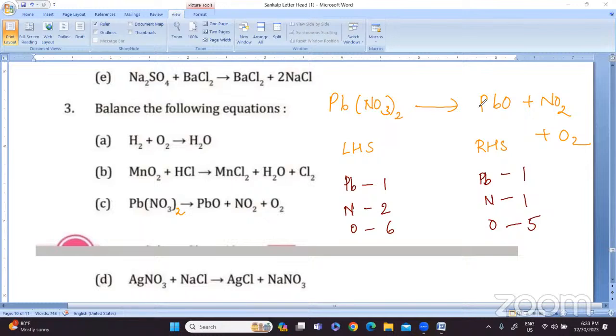So if I put here 2, here also I have to put 2. So this becomes 2, this becomes 2.